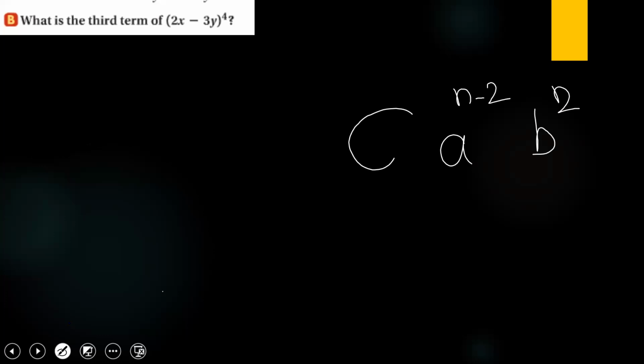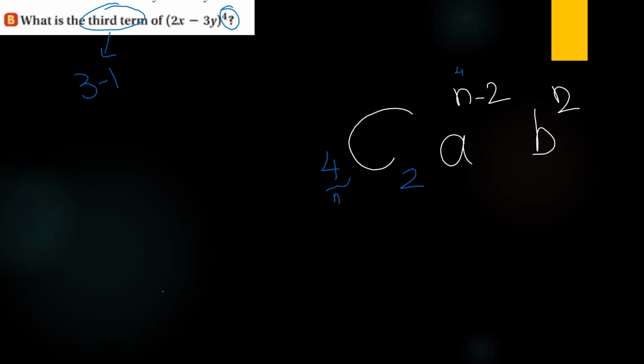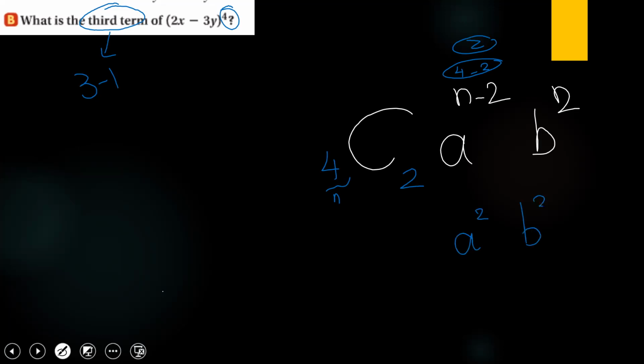Now, since I told you the third term, you have to subtract 3 minus 1, which is 2. And here we have 4, so we put this 4 here. Now where is n? This is n. So 4 minus 2 is 2. So a squared, and this b must be 2.